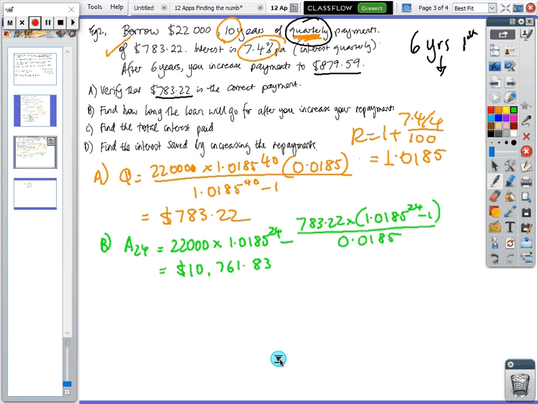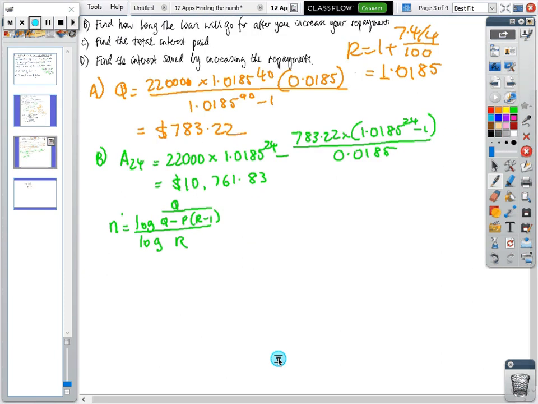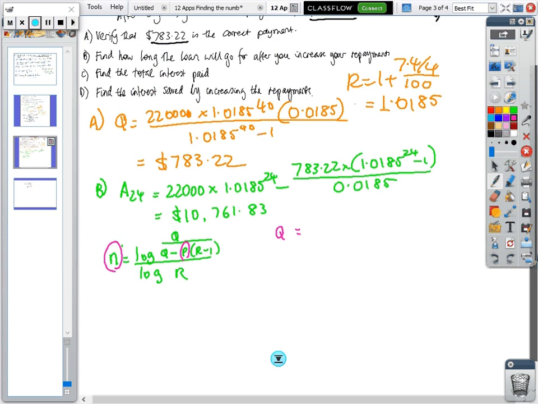Okay, so now we have to work out how many payments we need to pay that off. So we've got a separate calculation, which is how many payments to pay back that principal. So the Q is, how much have we changed the payments to?